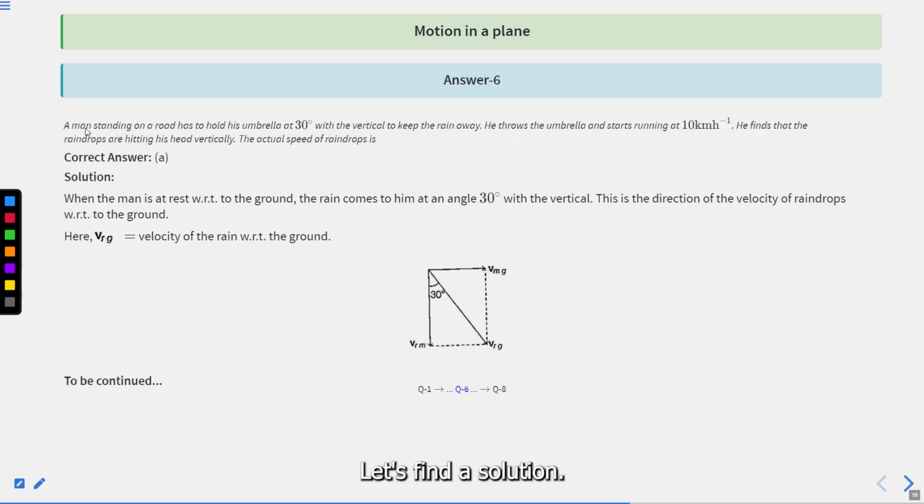Let's find the solution. A man standing on a road has to hold his umbrella at 30 degree with the vertical to keep the rain away. He throws the umbrella and starts running at 10 km per hour. He finds that the raindrops are hitting his head vertically. The actual speed of the raindrop is? Clear? Solution: when the man is at rest with respect to the ground, the rain comes to him at an angle 30 degree with the vertical, as given.